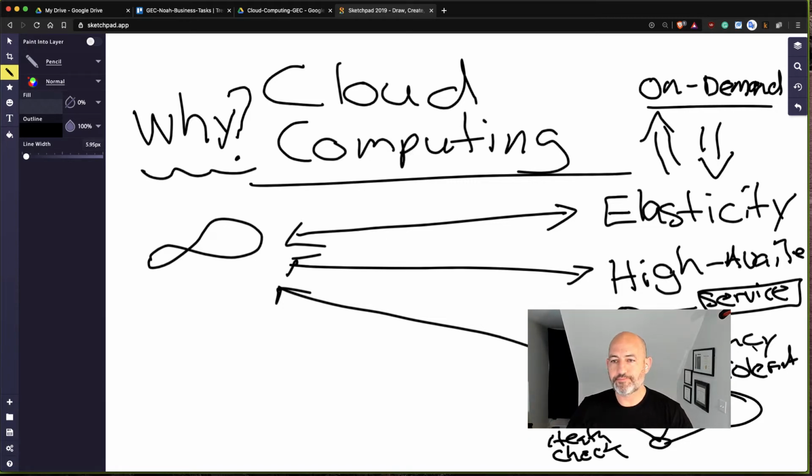So this is just the start of some of the problems that cloud computing solves. But I think these concepts are so important that it's important to start with them and to get into how critical it is to make sure that you're following these characteristics when you're building an application.